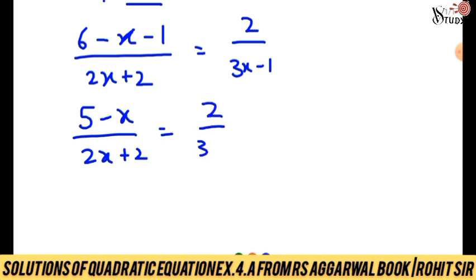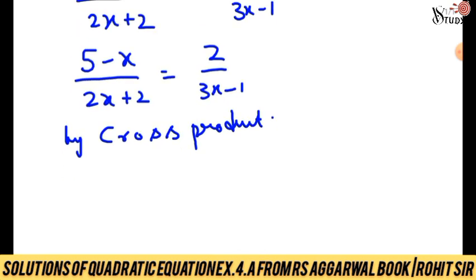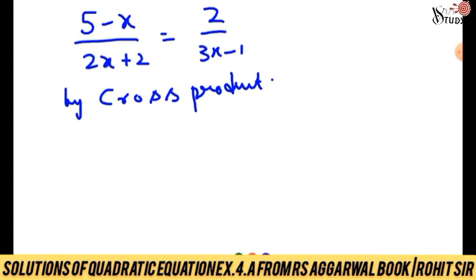Now by cross product, we multiply this here and this here. So we have 5 minus x multiplied by 3x minus 1 is equal to 2x plus 2 multiplied by 2.